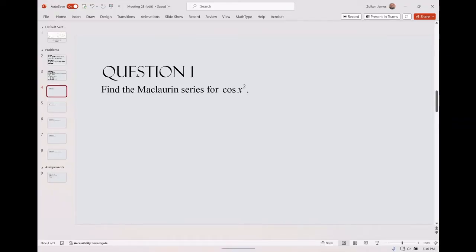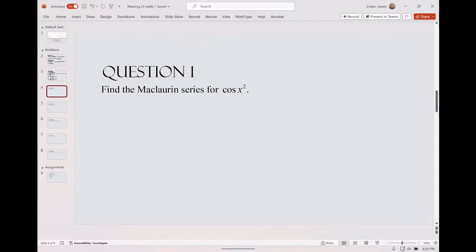Maclaurin series for cosine of x squared. Well, we could sit there, take derivatives till we start to recognize a pattern, and then try to come up with the series from there.